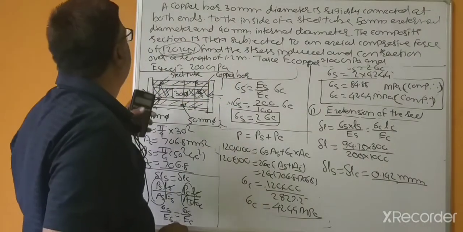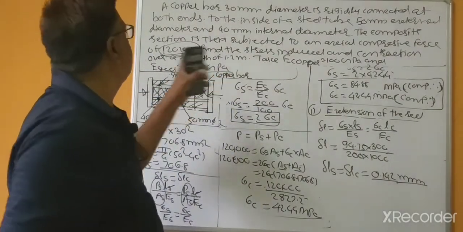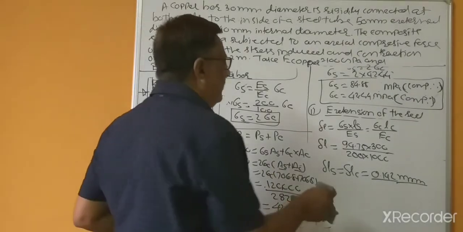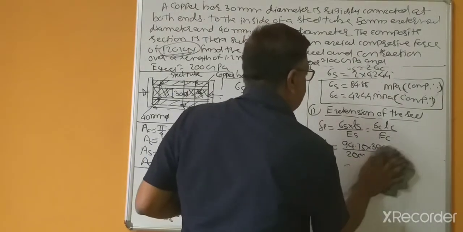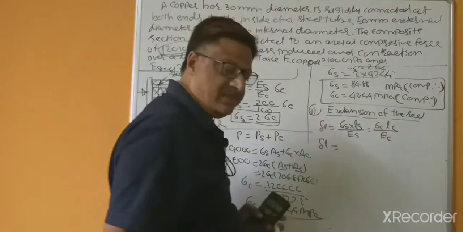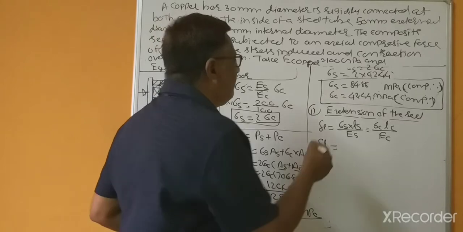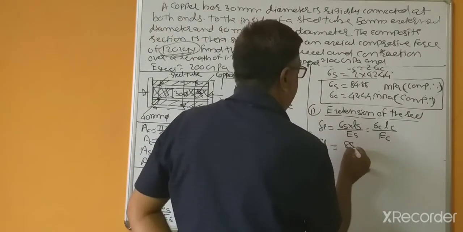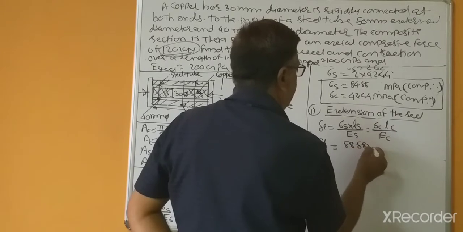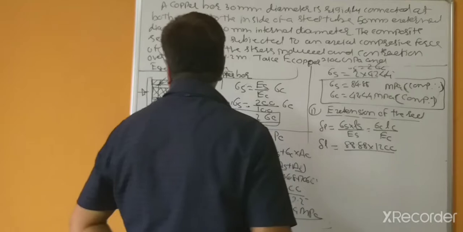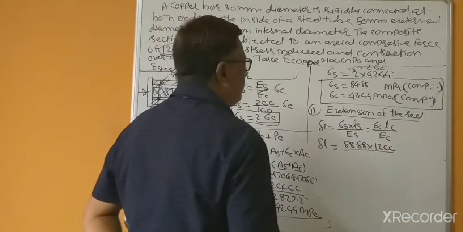Now the next step is the contractions over a length. So you can use these relations for the contractions. Sigma S equal to 84.88, length equal to 1.2 meters, this is given.